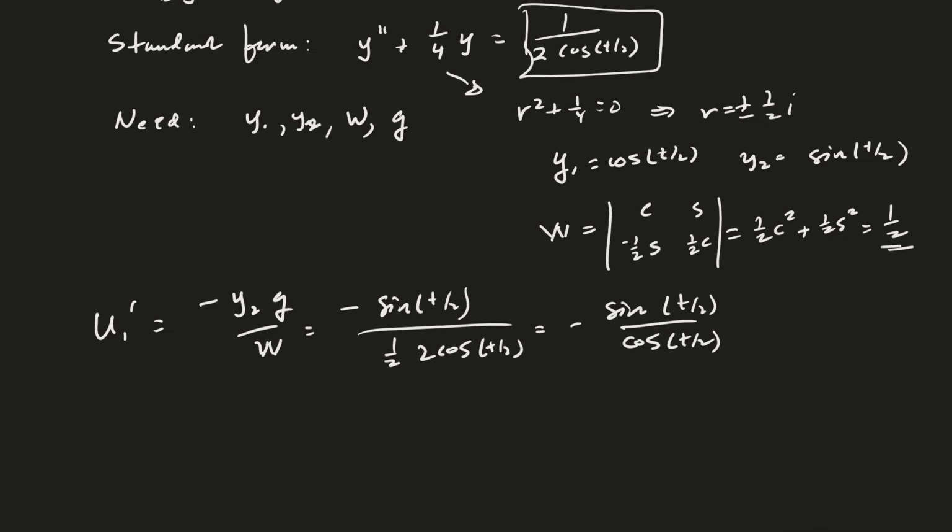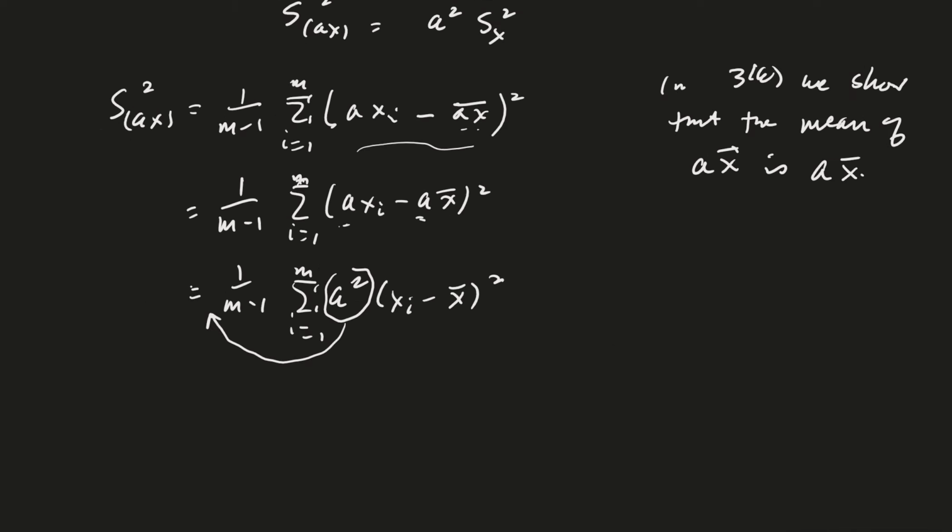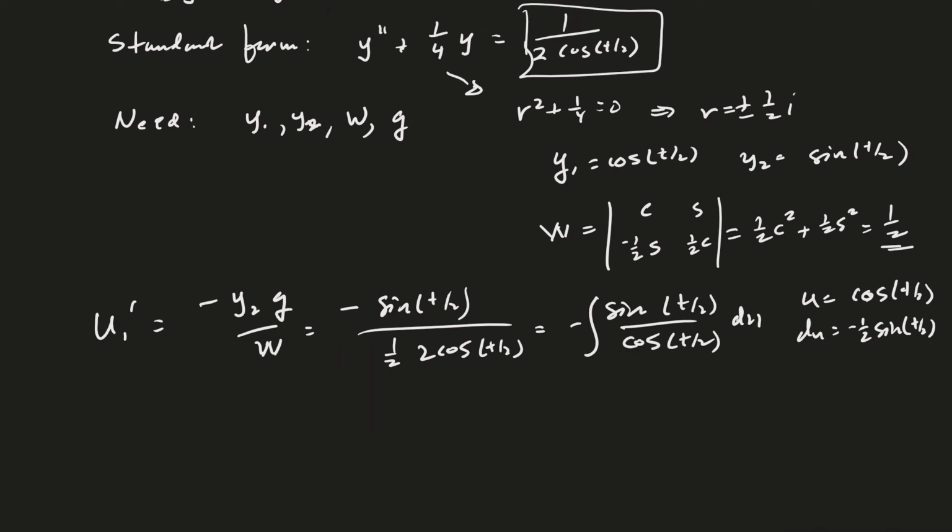Good. And now we need to integrate that, and so we're going to do a u-du substitution. u is cosine of t over 2, so du would be minus 1/2 sine t over 2 dt. Okay, sorry about that.